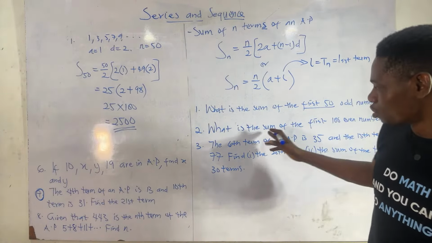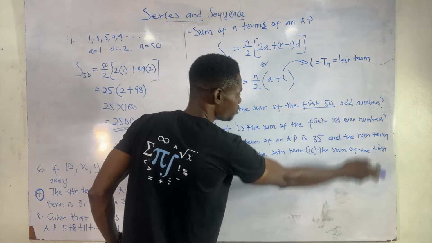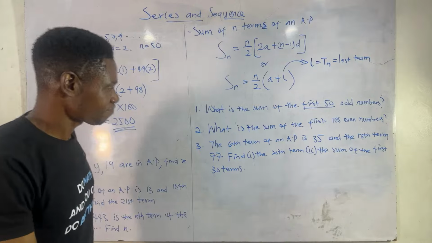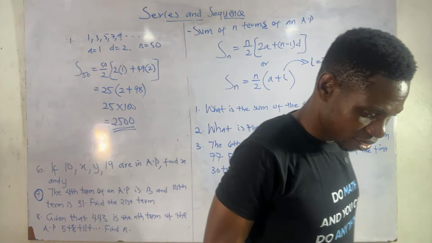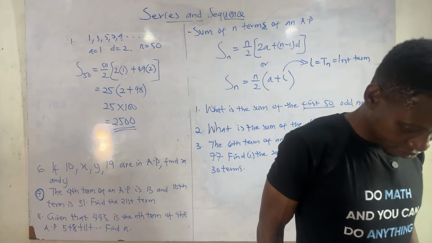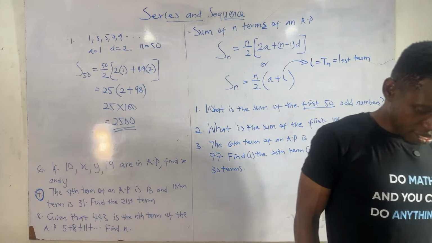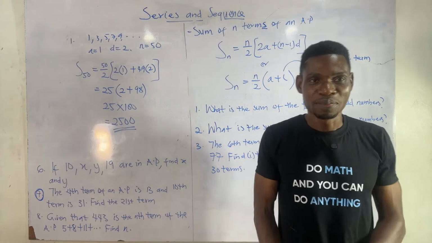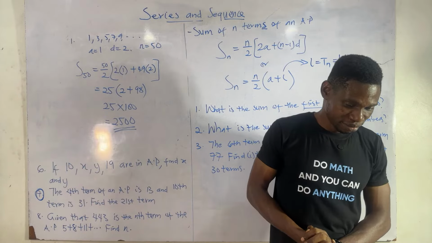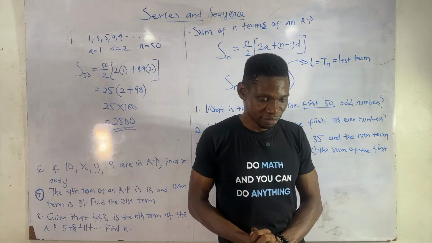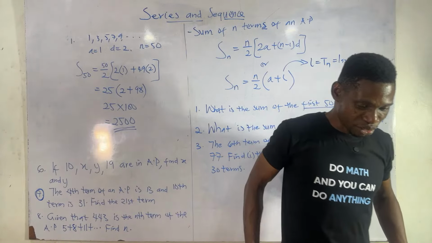Okay, so number 2 is for you to provide the answer. It says, what is the sum of the first 100 even numbers? Quickly, so that we can round up. Sum of the first 100 even numbers. I'm watching for your answers.